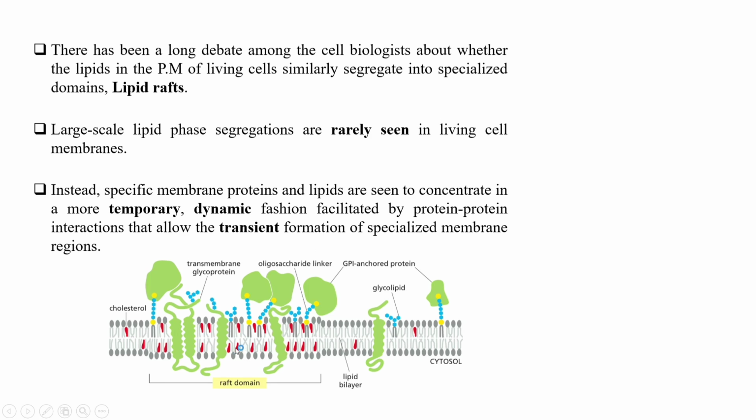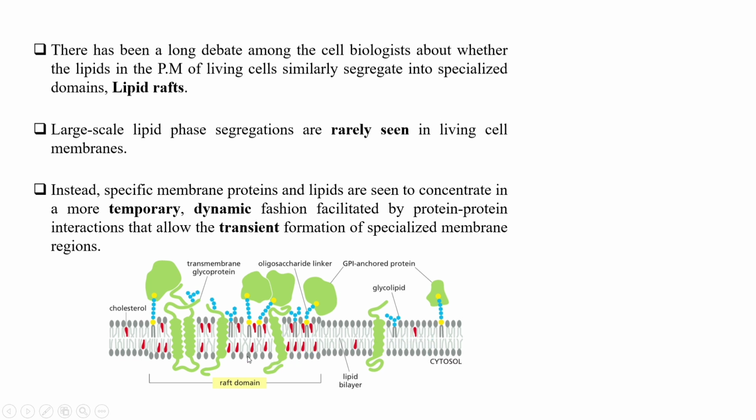Now in the raft domain, the amount of cholesterol is high, this red color is high, so it intercalates with the phosphoglycerides and sphingolipids. Also, more glycolipids are present and GPI anchored proteins are present. If you minutely observe, you will find that the thickness of the lipid rafts is actually more than the other domains of the membrane.